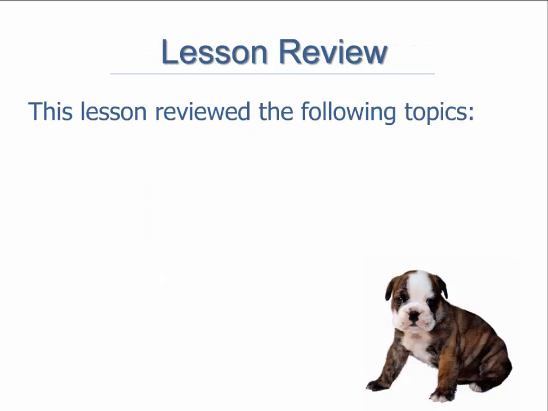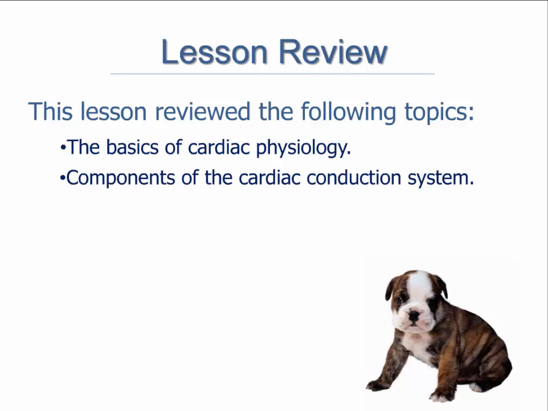In conclusion, this lesson has reviewed the following topics. First of all, we worked through the basics of cardiac physiology, and we discussed the main purpose of the heart and how it works to maintain and control continuous blood flow throughout the cardiovascular system. We also reviewed the electrical impulses that work to control heart rate and rhythm and the processes that direct and control blood flow.